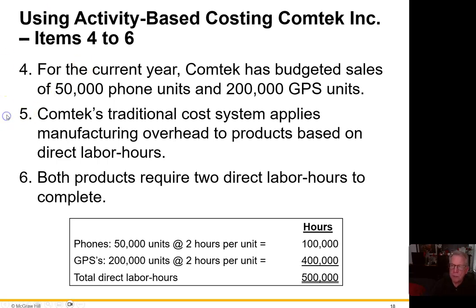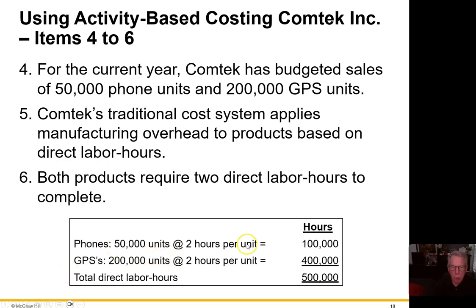Number 5, Comtech's traditional cost system applies manufacturing overheads to products based on direct labor hours. And the majority of companies, in my experience, do it just that way. But in this case, both products require 2 direct labor hours to complete.